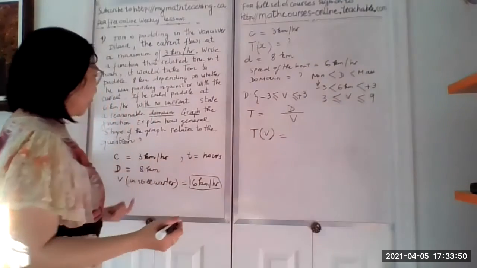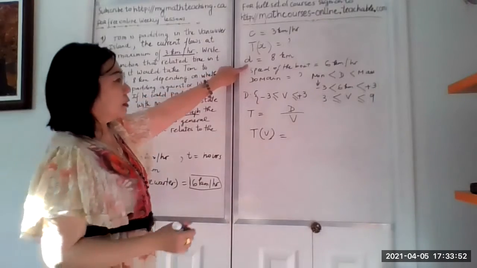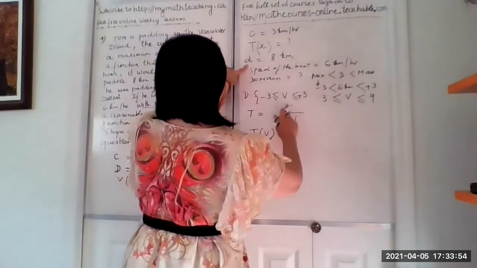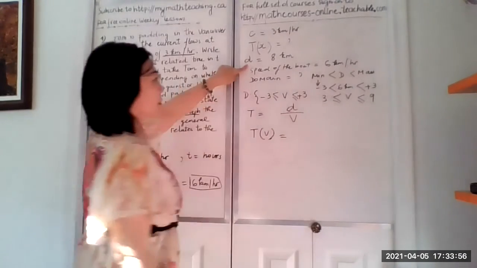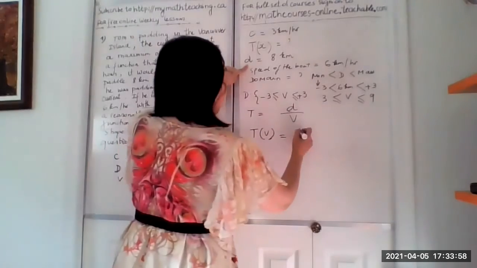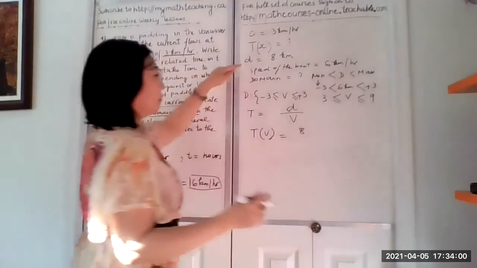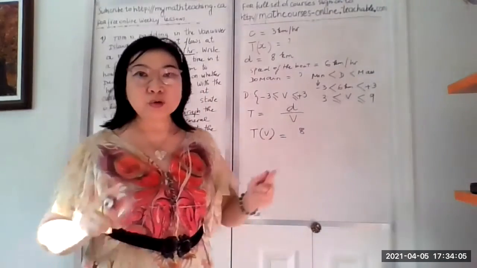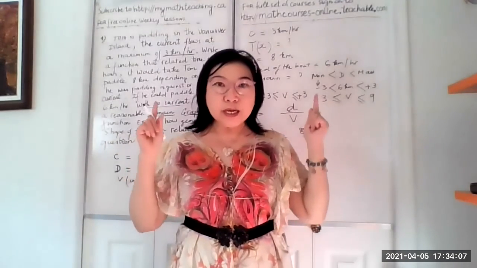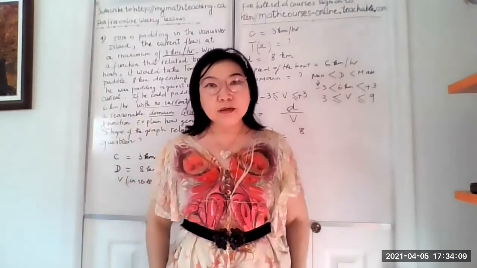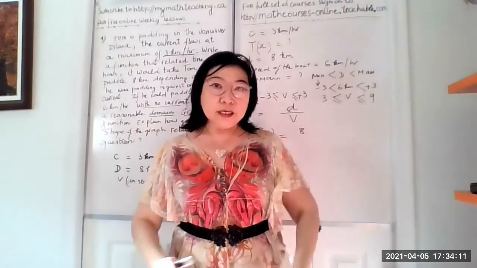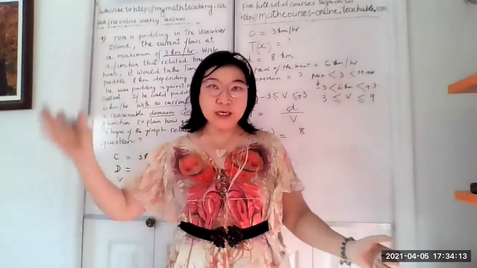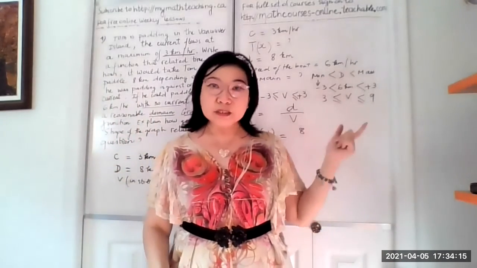Now, do we know our distance? Yes, our distance is 8 kilometers. Let me put a small d so that we're not confused: d equals 8 kilometers. This is not flexible; it's a fixed number. Tom paddled only 8 kilometers around Vancouver Island, not more than 8 or less than 8, so that's a fixed number.